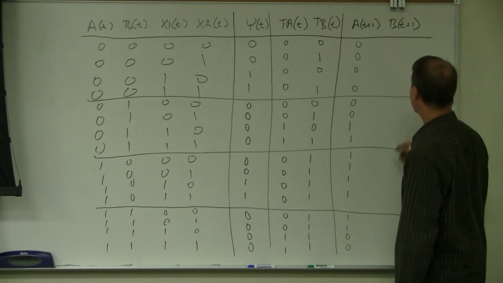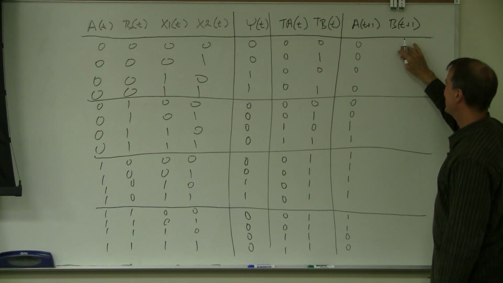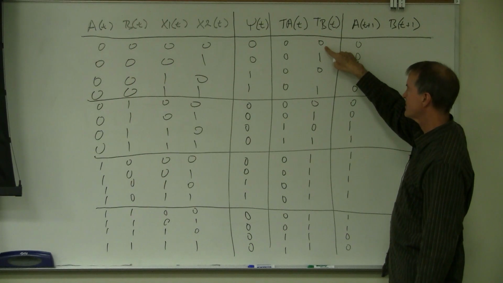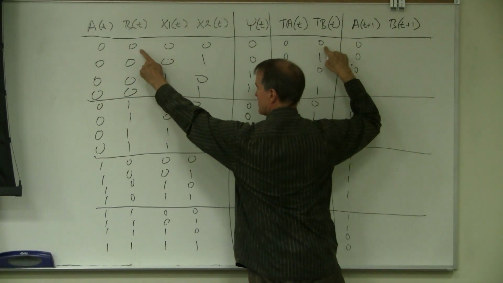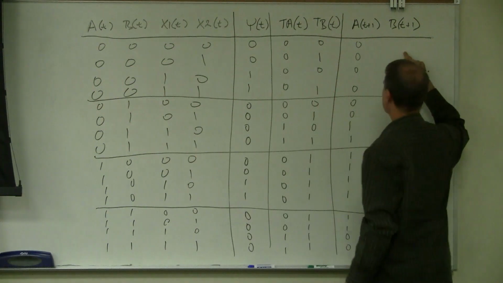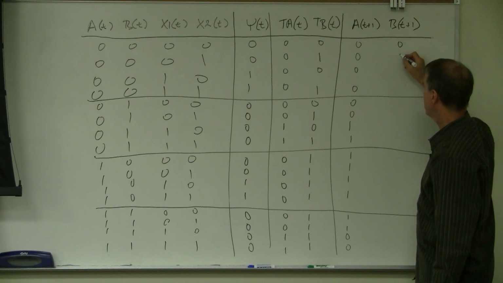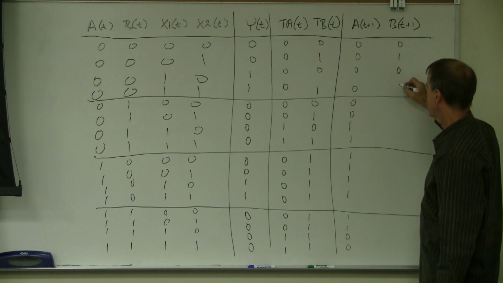Okay, so now what do we do? We look at the current input and this state. And so now what does this do? It'll be someone else's turn. 0. 0. 1. 0. 0. 0.